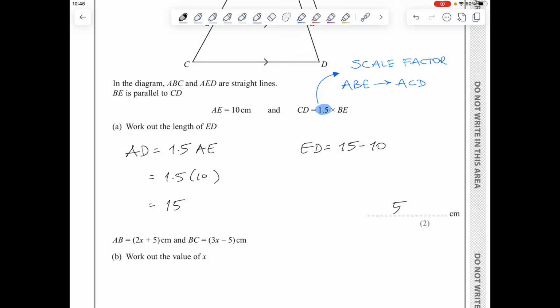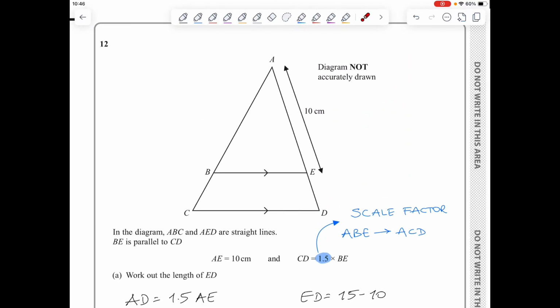Now for part B, I'm given the length of AB in terms of x and BC in terms of x as well. So let's go back to the shape and enter this information. So again, I will work with the scale factor. AC, which is this one, is equal to AB times 1.5.